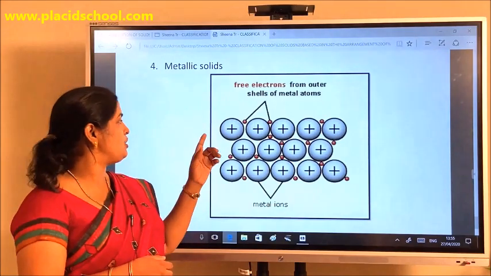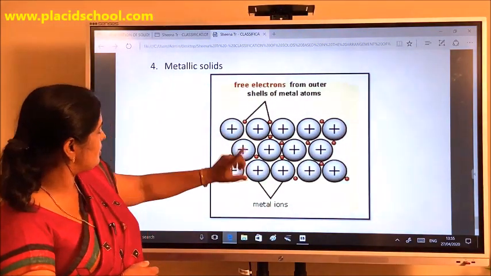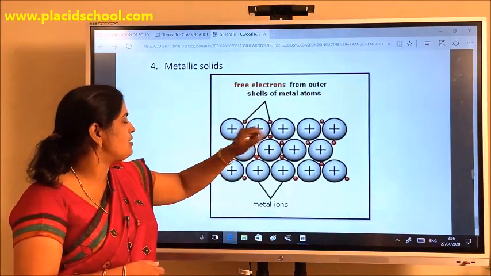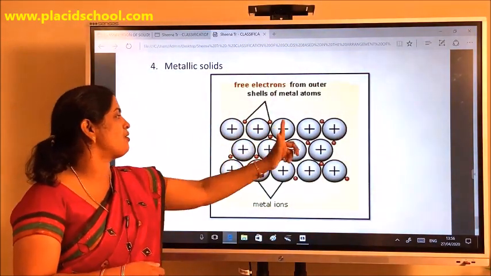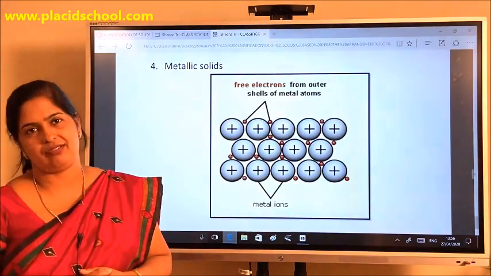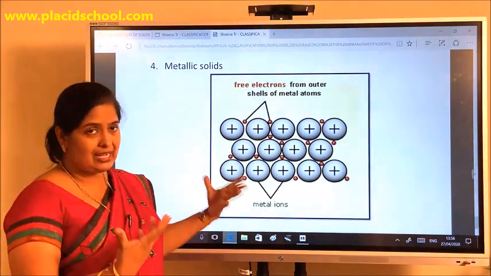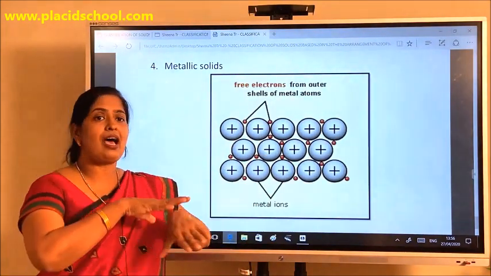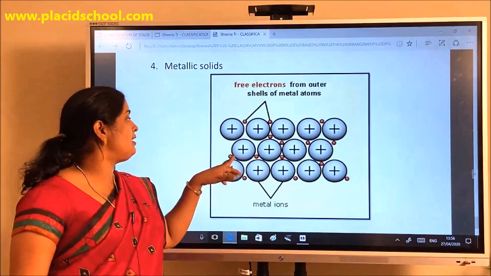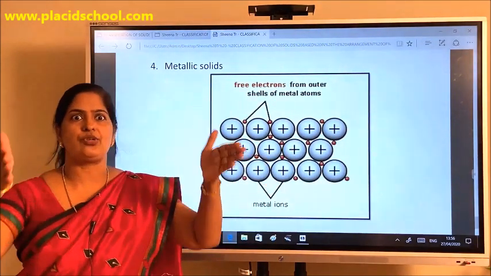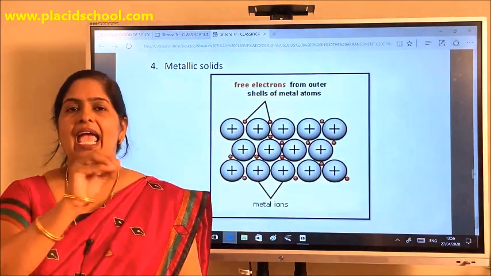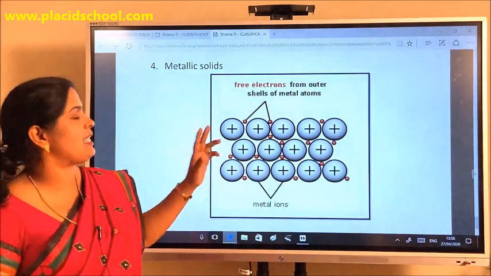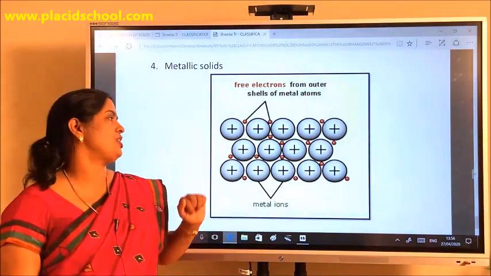Metallic bonding is shown here in this diagram, the electrons are shown as red small circles and the cations are arranged in a regular pattern. In metals, it is said these cations are seen in a sea of electrons. So consider a pool where electrons are kept and cations are plunged into that pool. So this metallic bonding theory says about its structure.